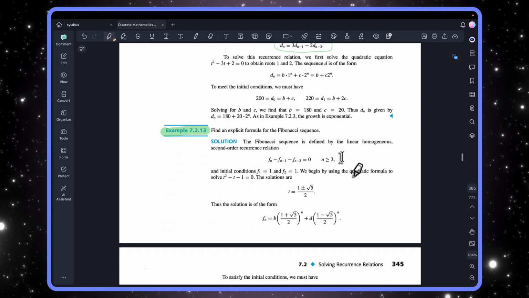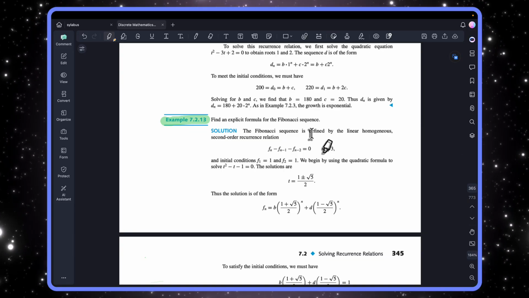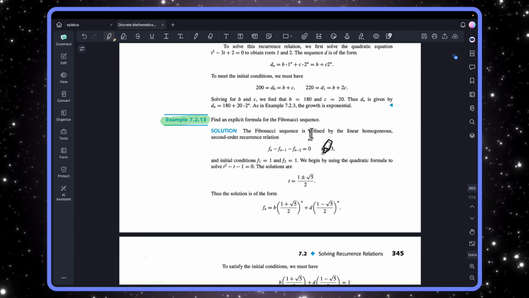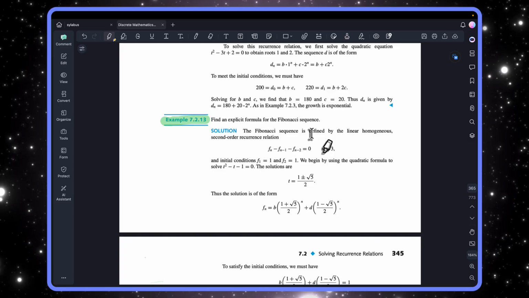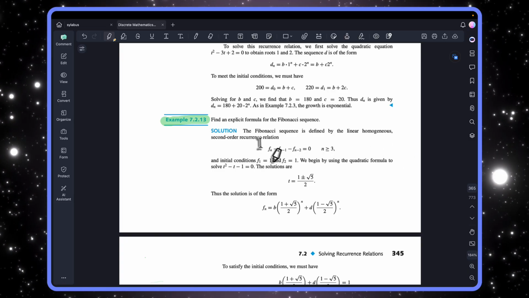And here's a really nice example. Let's look at the Fibonacci sequence, because this has some really deep and interesting things that pop out of it. The Fibonacci sequence is defined by this linear second-order recursive relation.